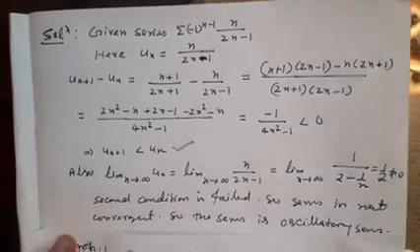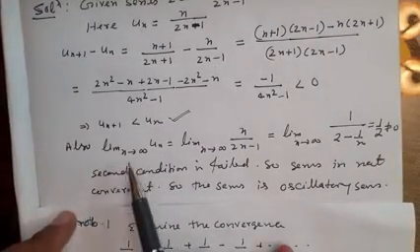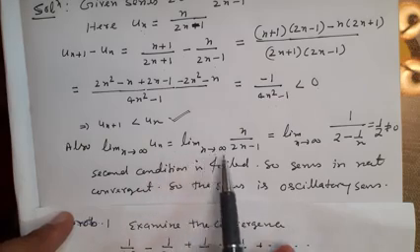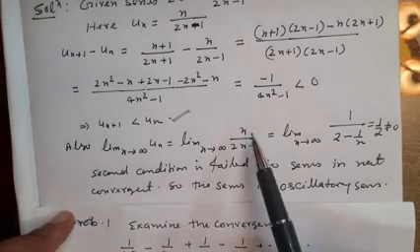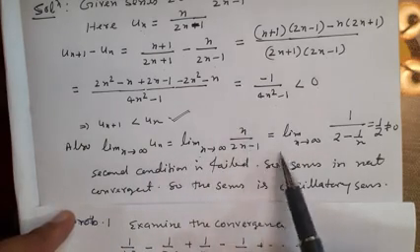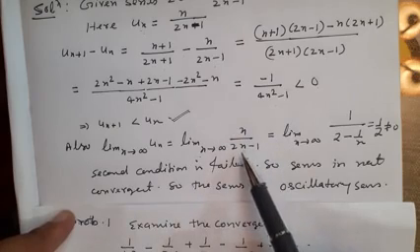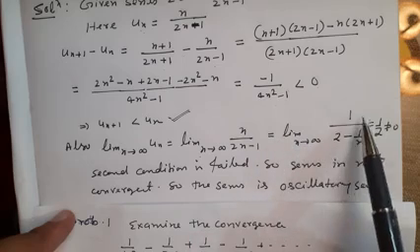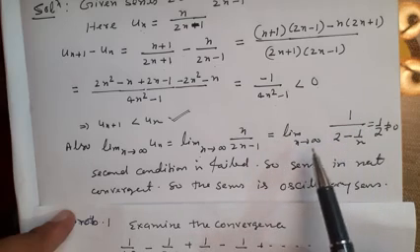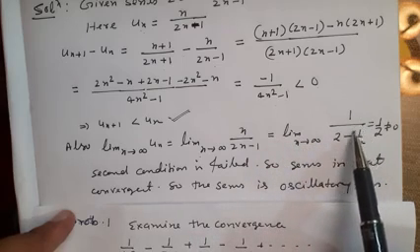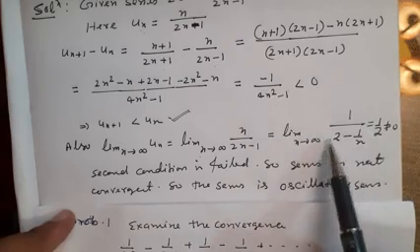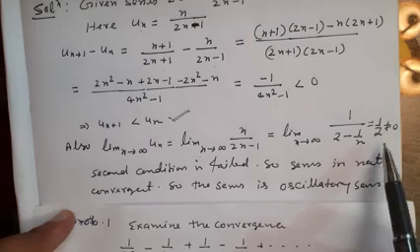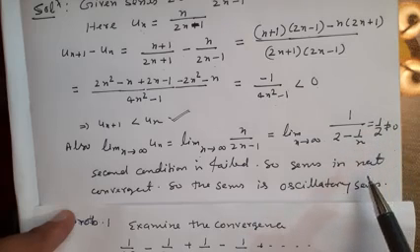Now what about the second condition? Now limit n tends to infinite un. So taking n as common, you will have this, and for n tends to infinite it will be 0, and you will get 1 by 2, which is not equal to 0. It means second condition is not satisfied.